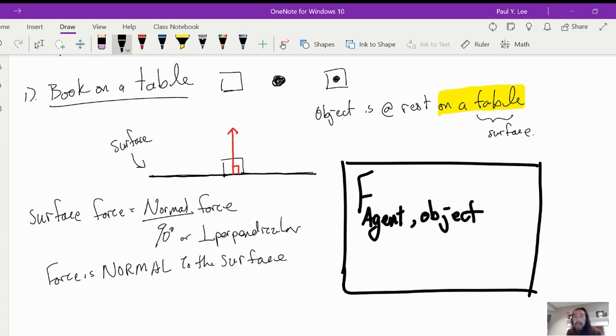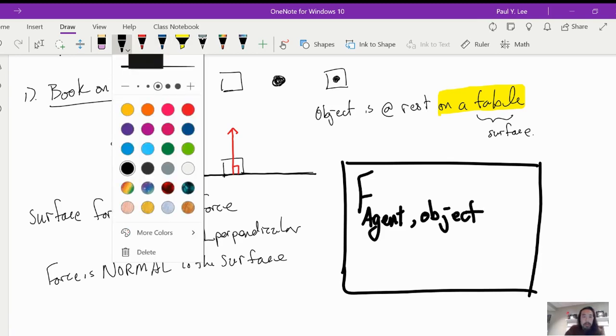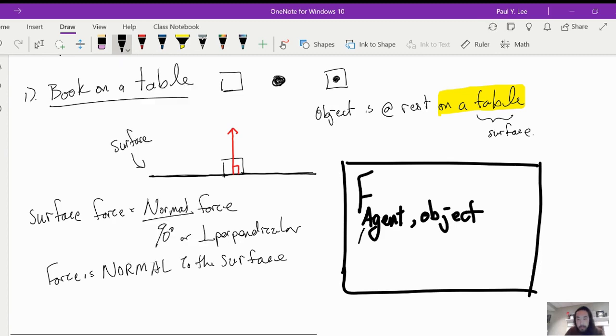What agent means is the thing that is causing the force. I'll write that down. This is the cause of the force. And the object is the object in the problem. So this will be either the box or the circle, that is the object itself.